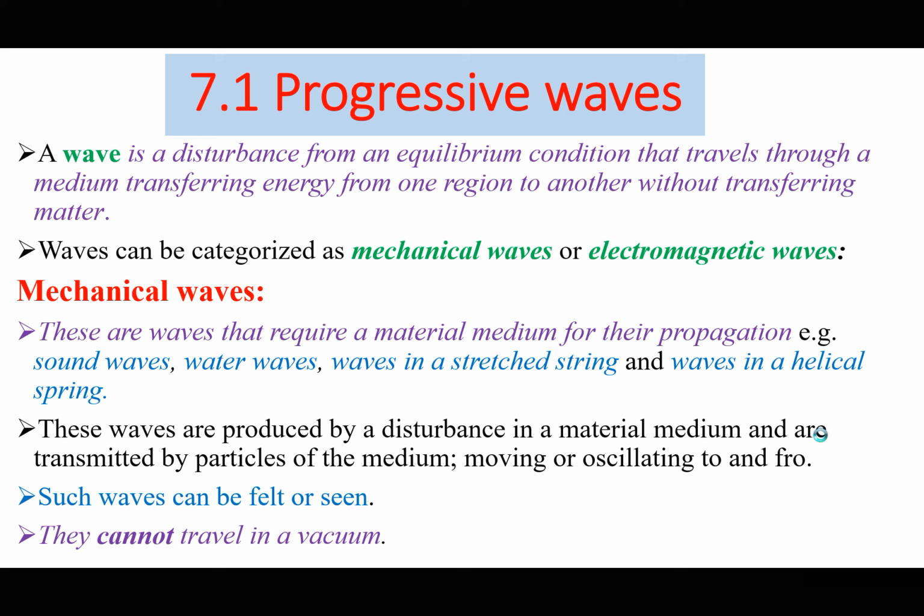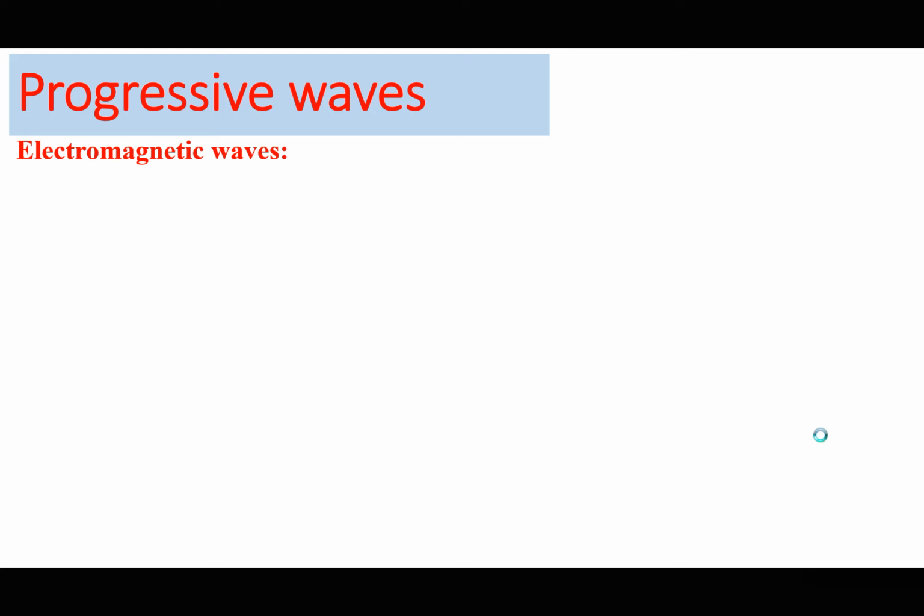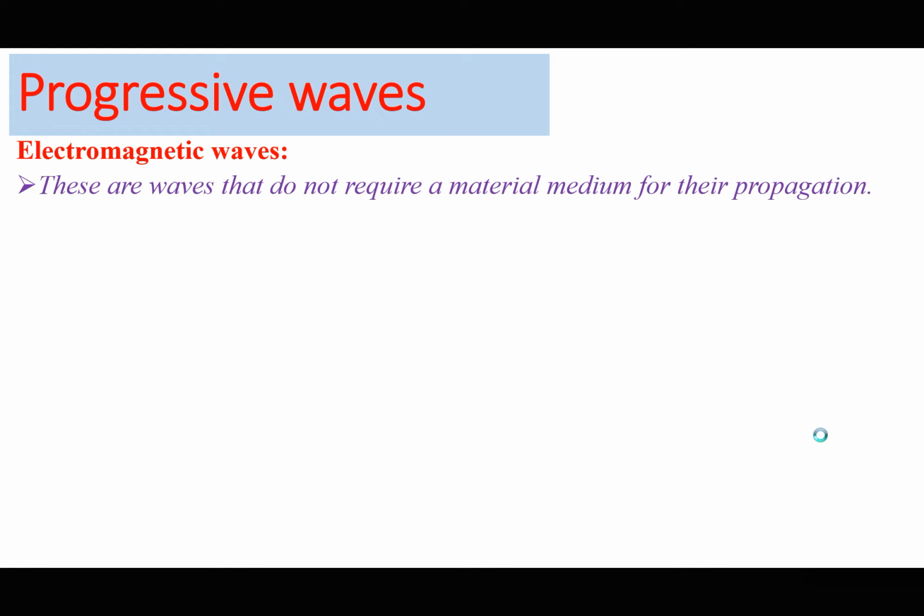Okay, on the other hand, we talked about electromagnetic waves. Of course, these are the waves that do not require any material medium for their propagation, and therefore they can travel through a vacuum. In your IGCSE, you mentioned all the 7 regions of the electromagnetic spectrum, which we shall still talk about in a special subunit called the electromagnetic spectrum.